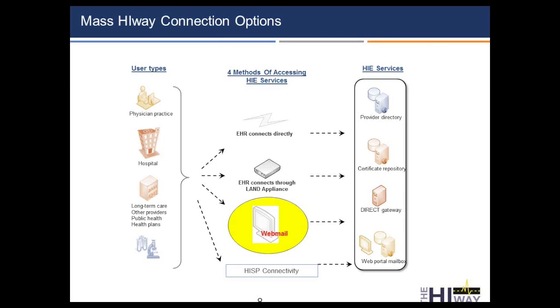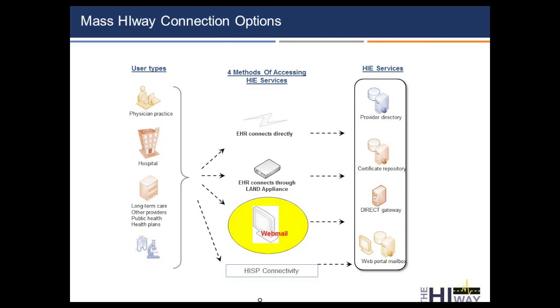We also have an interim solution, depending on the limitations of the constituent. We provide an option called LAN uplands, where the software resides within this one server that enables the constituents to send and receive communications with other participants on the HIway itself.